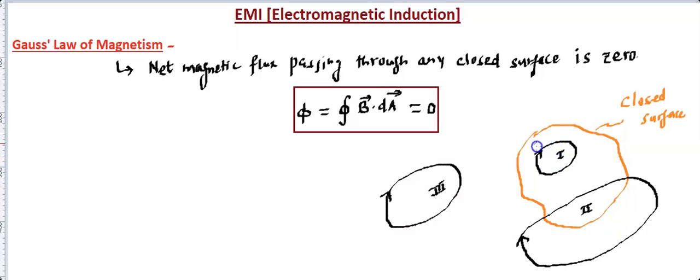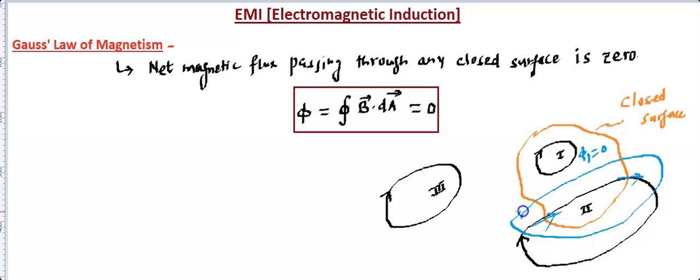This first type of field lines is not intersecting the surface. If the field line is not intersecting the surface, its contribution to the flux will be 0. That will have a 0 flux contribution. These kinds of lines will be coming inside or going inside, then coming outside as well. So if the field line is going inside, it must come outside. Why?